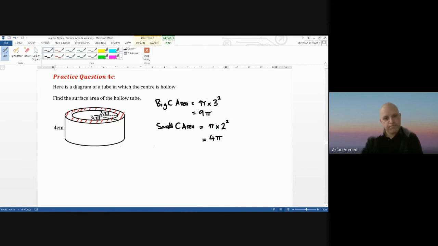So the shaded area is going to be 9 pi take away 4 pi, which is 5 pi. Let's just leave it like that. 5 pi for the top bit, 5 pi for the bottom bit. That's going to be 10 pi.